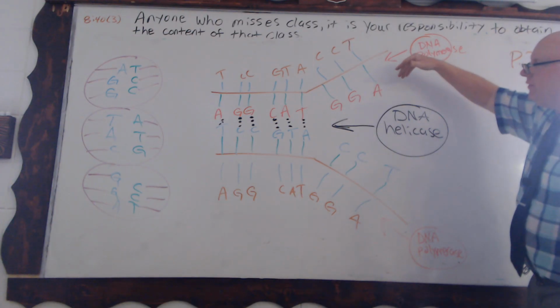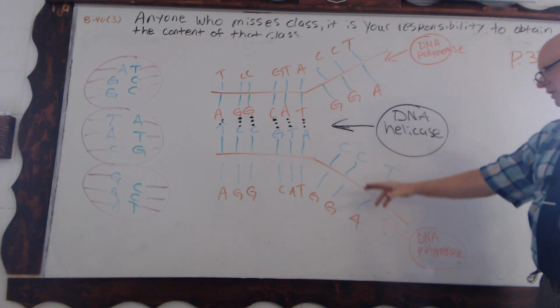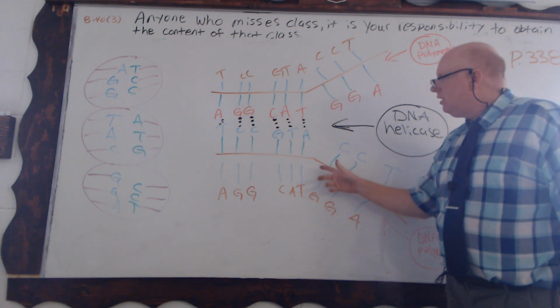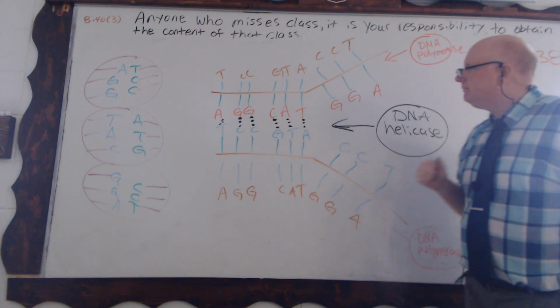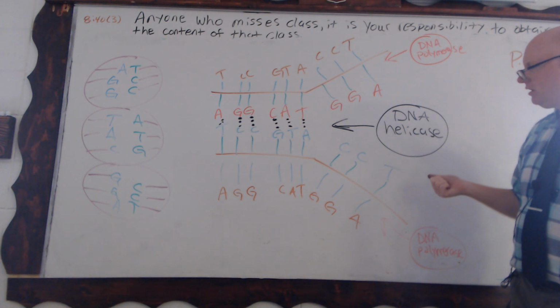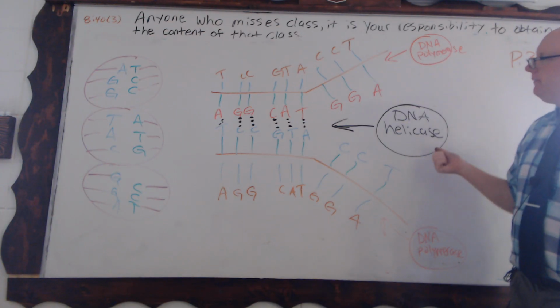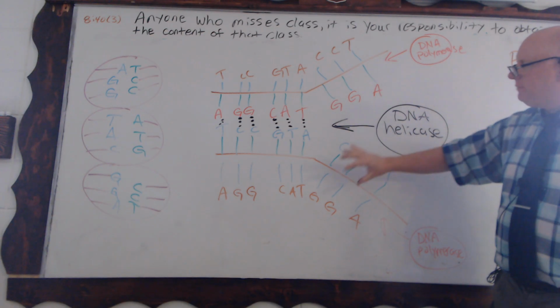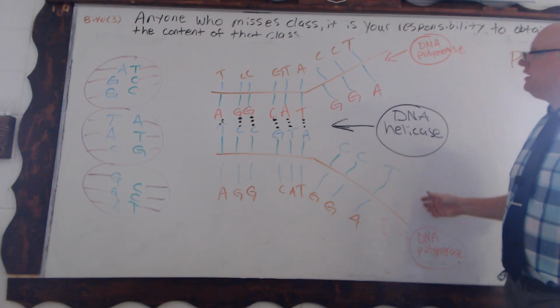Then these nucleotides, whichever order they're specified in, just start to line up with its corresponding partner, if you want to call it that. So it comes unwound, base pairing takes place, and then it gets sealed shut again.